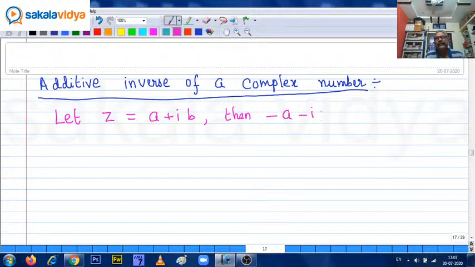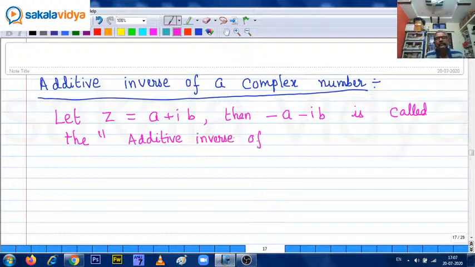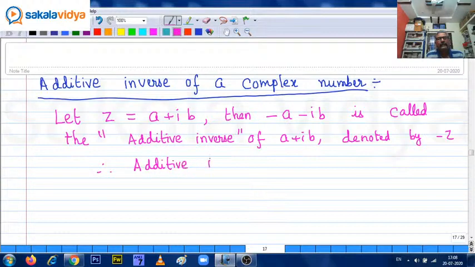Minus a minus ib is called the additive inverse of a plus ib, denoted by minus z. Therefore, additive inverse of z equal to minus z. That's all.